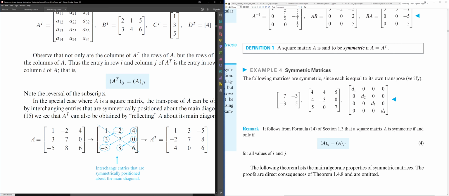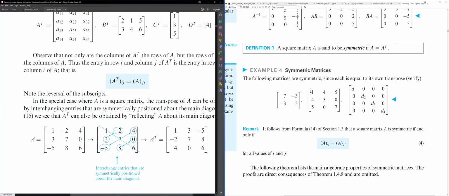If I reflect in the main diagonal, the 4 goes there and the 4 comes back, so that doesn't change. The 5 over here is the same as the 5 over there, and likewise the 0. So if I take the transpose of this matrix, I get back the same thing.